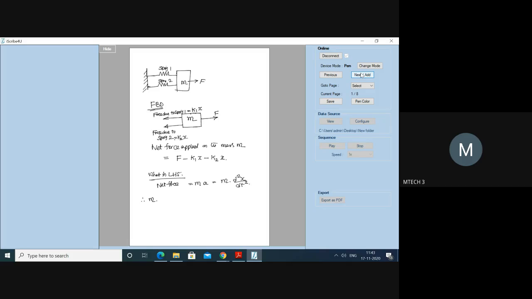Therefore, M into d square X by dt square equal to F minus K1 into X minus K2 into X. Okay, so rearrange: M into d square X by dt square plus K1 plus K2 into X will be equal to F. Is it clear? Yes, sir.